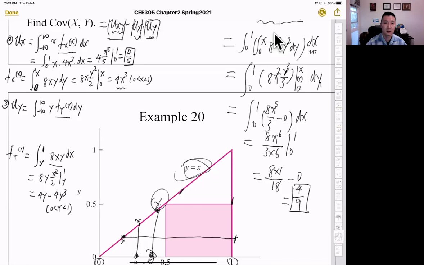Then plug that number here. The range for y is, oh, sorry, 0 to 1.